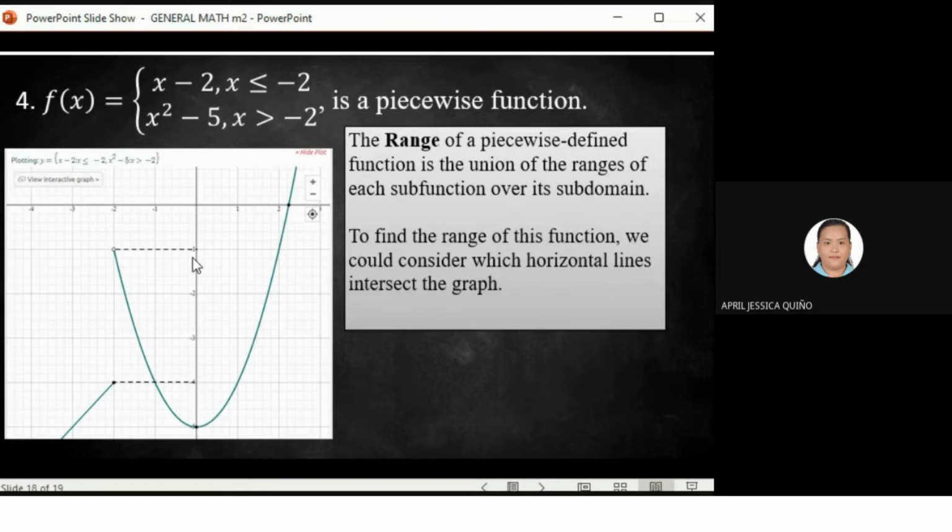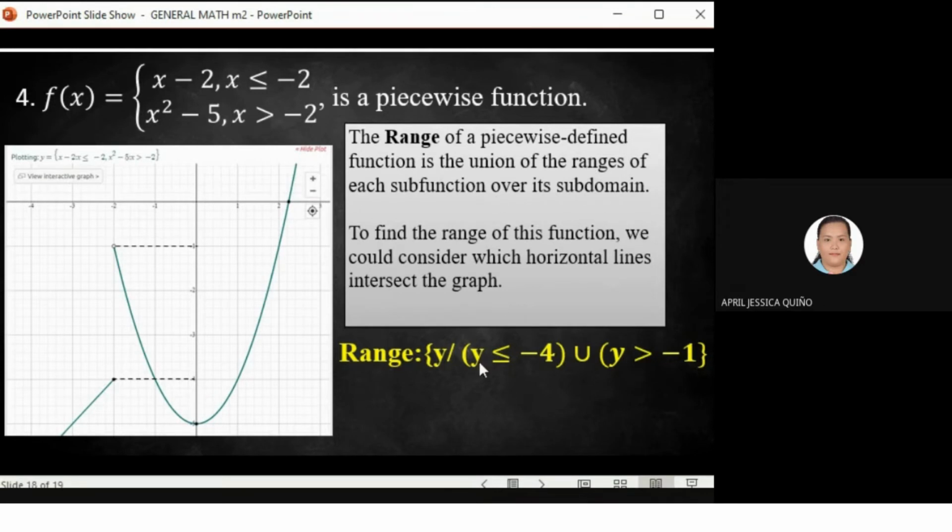And then, for the second function, I found out that it intersects at negative 1. Therefore, the range of the function is y such that y is less than or equal to negative 4 or y is greater than negative 1.